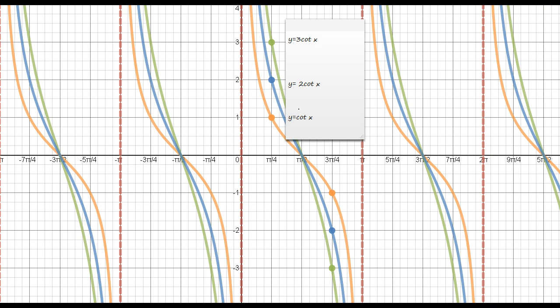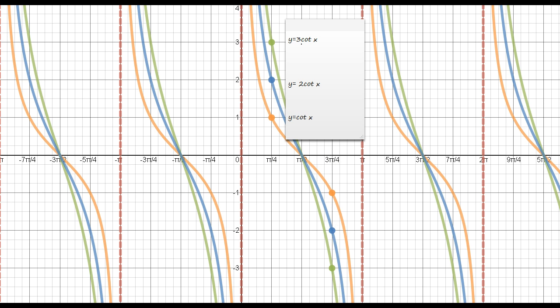If you look at y equals cotangent x, there's an implied 1 there. So that means at my halfway marks at pi over 4 and 3 pi over 4, I'm up 1 unit and I'm down 1 unit. For y equals 2 cotangent x, at my halfway points of pi over 4 and 3 pi over 4, I am up 2 units and down 2 units.